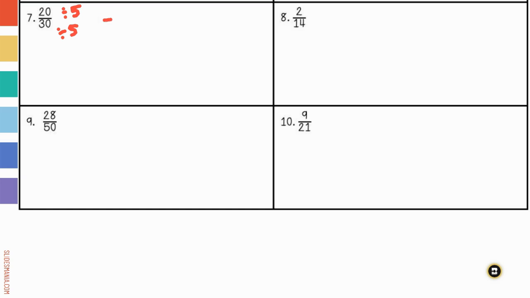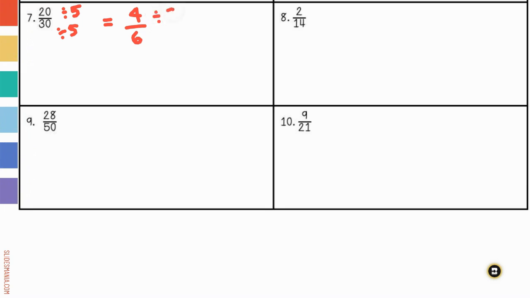So let's see. 20 divided by 5 is 4. 30 divided by 5 is 6. Okay, so that means there was a bigger number I could have taken out of both of them, and that's okay. So we're just going to divide again.